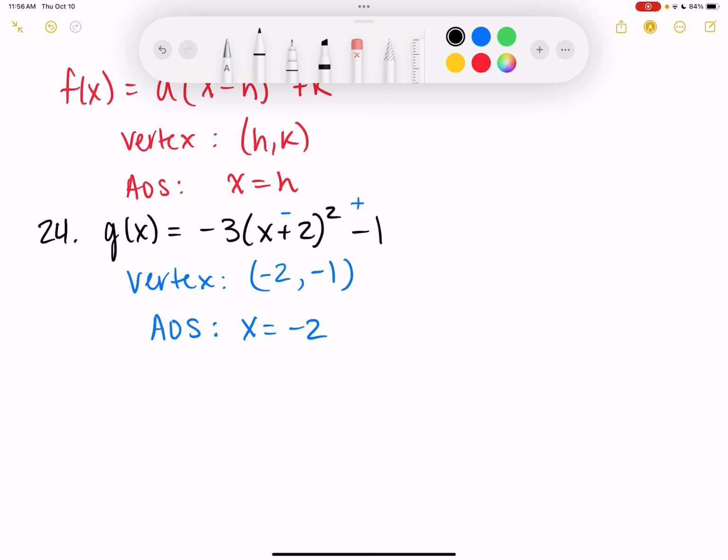Alright, 26. Same thing. g of x equals 2 times (x minus the square root of 3) squared plus 4. What's my vertex?